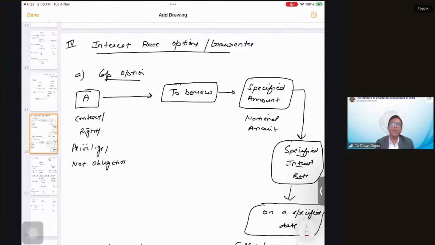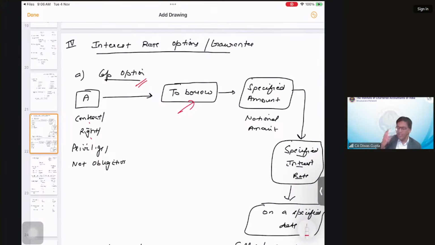Now, this is very similar to the options that we have discussed in the derivatives section. So, what are the two different types of interest rate options? One is the cap option. The cap option is a contract, right, or privilege to borrow. Here, the position is what?